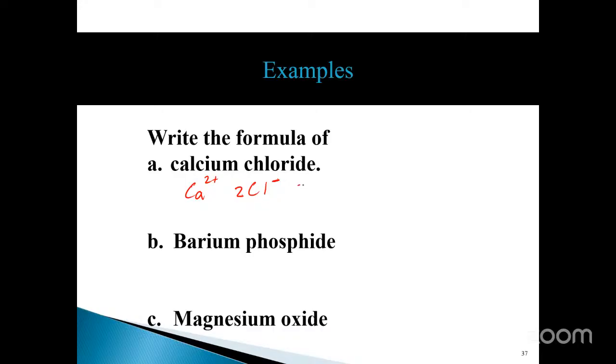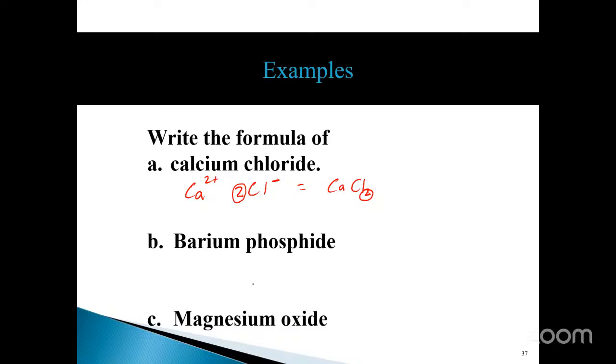So when you put this together, the final answer will become CaCl2. In other words, this 2 here becomes the subscript for chloride in the formula. And that's how that is done, all right?